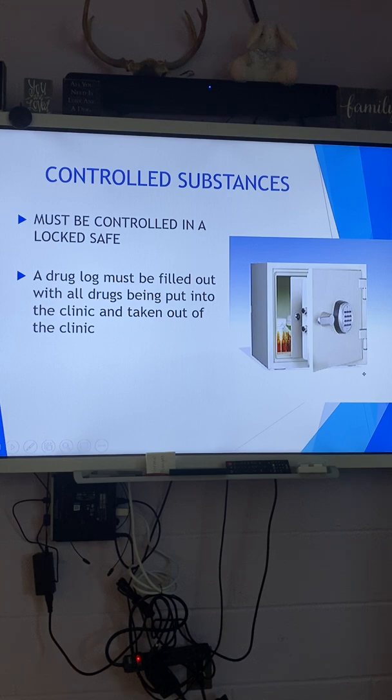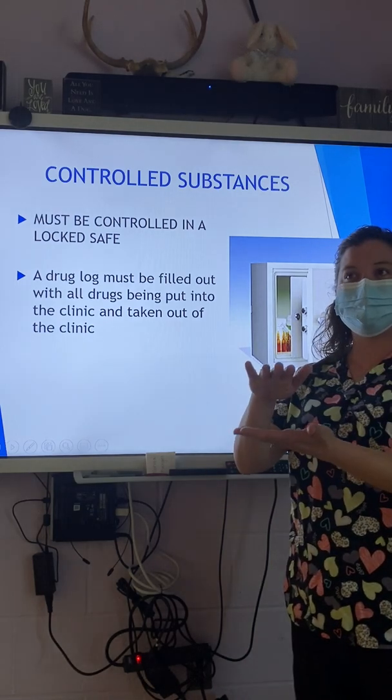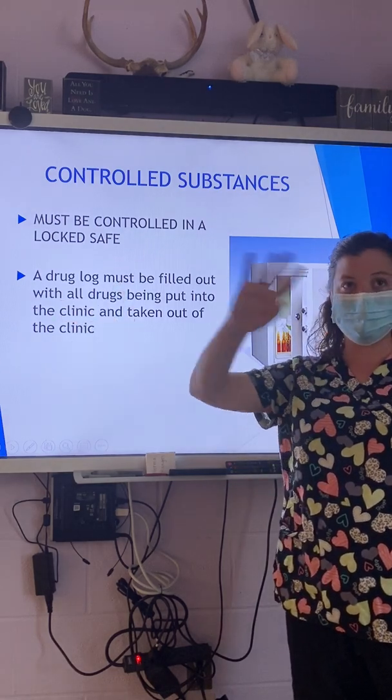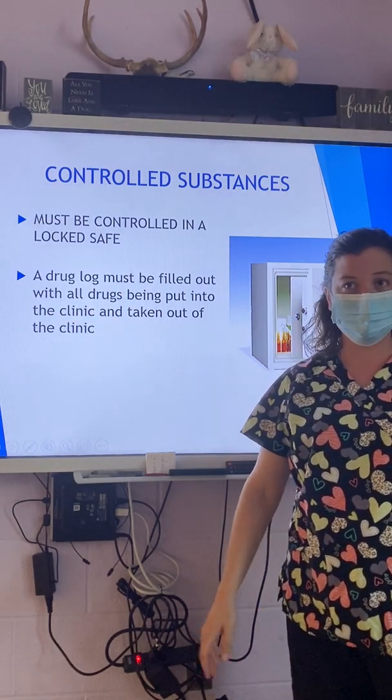We have to do drug logs and log every single bottle that comes in and every single bottle that's finished, used up, or expired and discarded, and every drop that leaves a bottle, every pill that leaves a bottle. In the basement of our clinic, I filled out binders of these sheets, and down in the basement there's like this big shelf all over of all these binders.